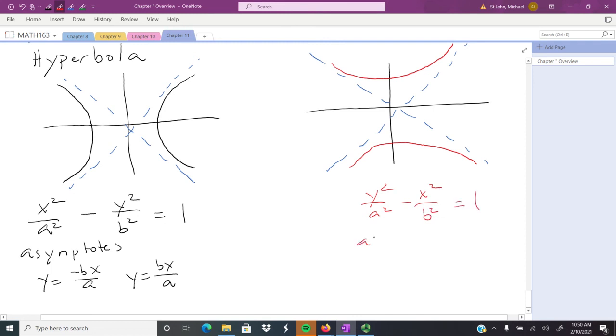And my asymptotes will be y equals ax over b and y equals negative ax over b. Those two. So we have our equations of our hyperbola.